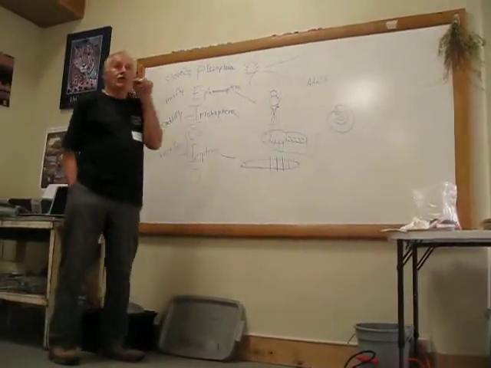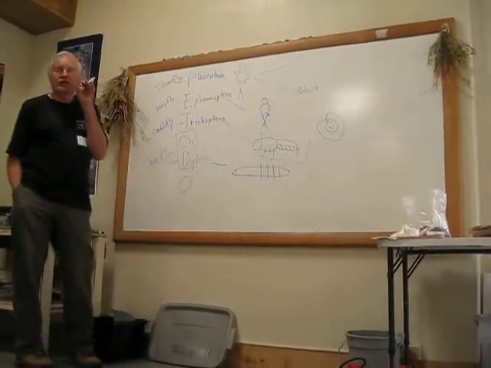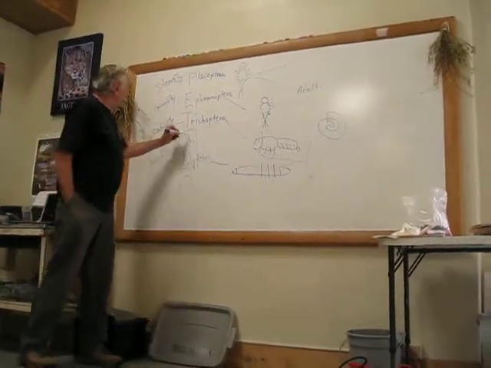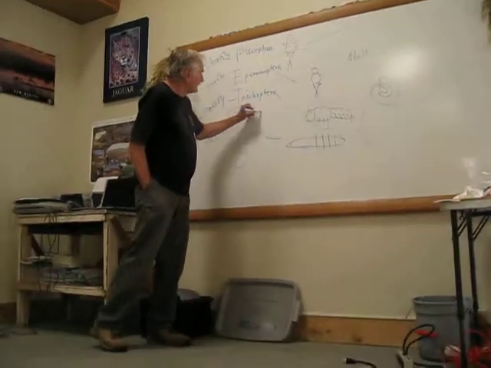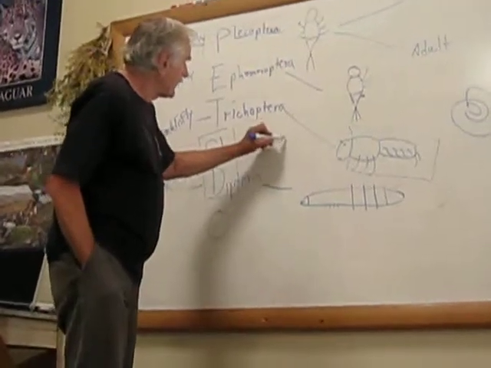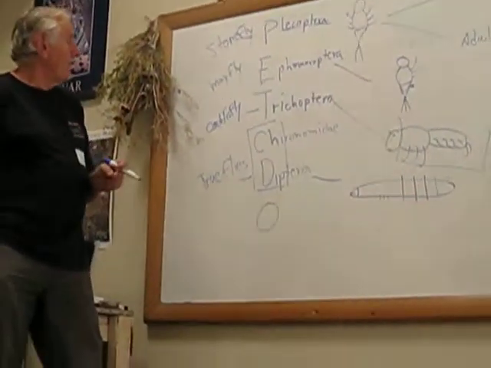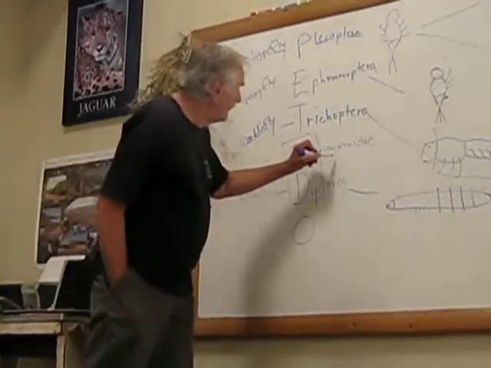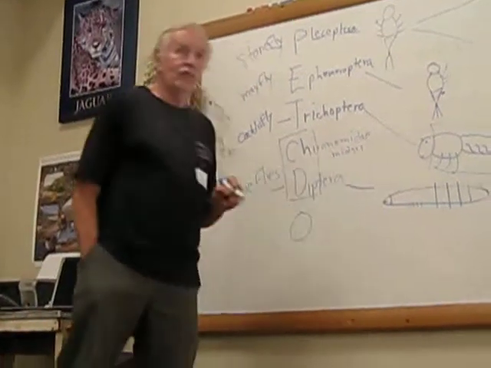But now, the reason we separate these a little bit further is because there's levels of information. The chironomids are a family within the true flies that are what we call midges. They swarm, but they don't bite.